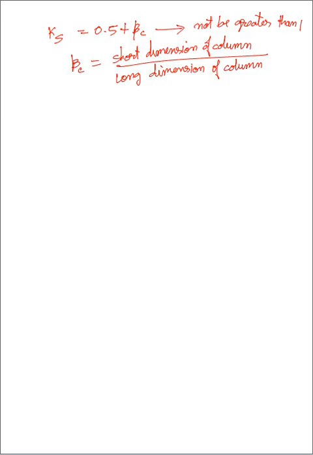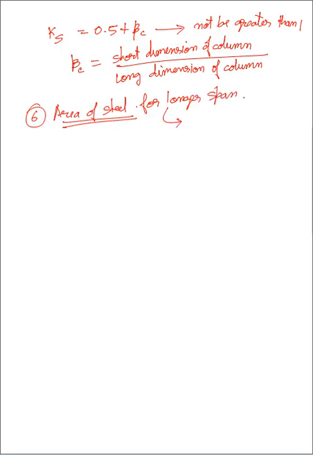Now the next step, the sixth, is to find the area of steel. The sixth and seventh steps are almost the same, because we have to find the area of steel for the longer span. What do you mean by longer span?